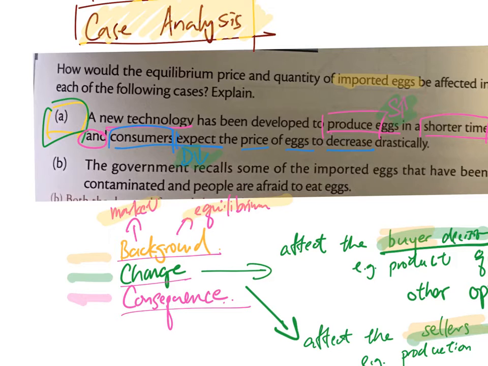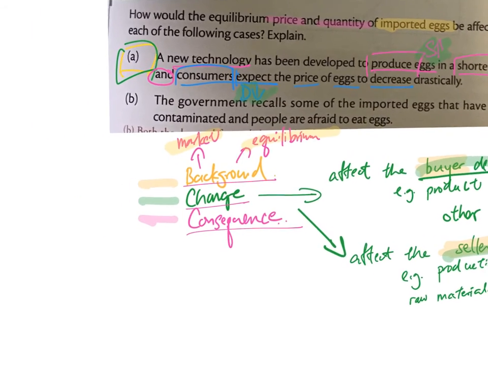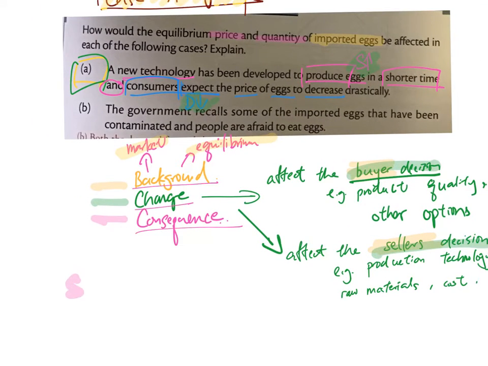About the consequence, it asks us about the price and the quantity, but it does not give us any direction. So our mission is to find out the consequence in this case. According to the analysis, supply increases and demand decreases. When supply increases, P will drop and the quantity will go up. When demand decreases, P will drop and Q will drop.